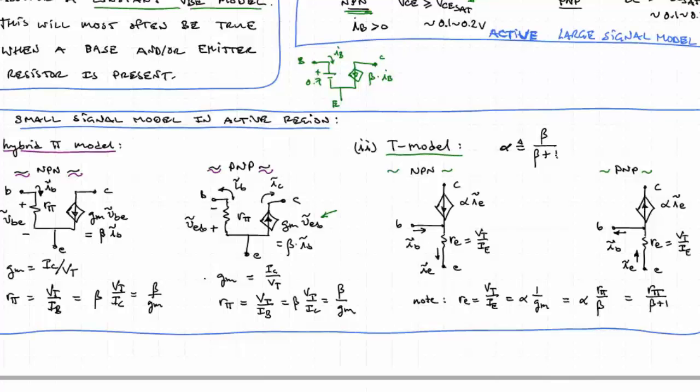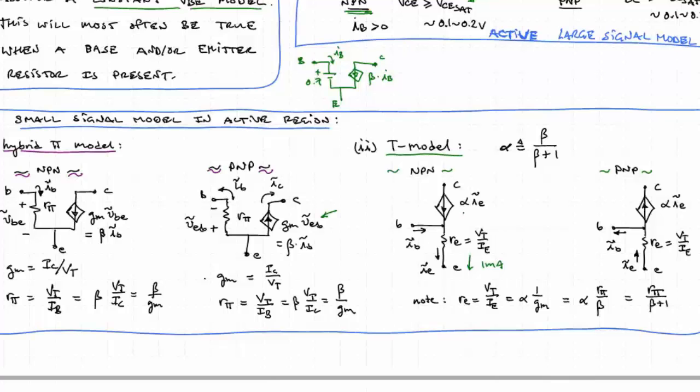Let's say RE was 10 ohms. If VBE was 10 millivolts, then we would have 1 milliamp flowing out of the emitter. Let's assume that beta was 100, so alpha would be 0.99.